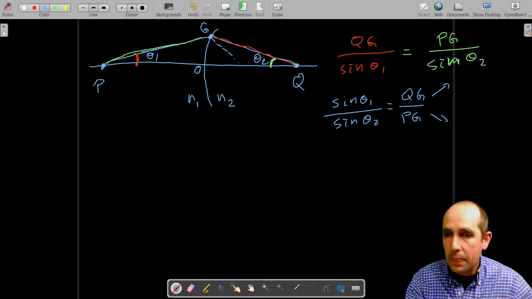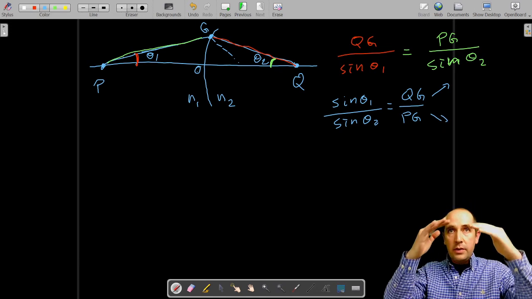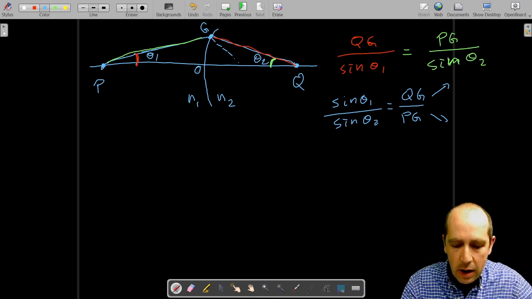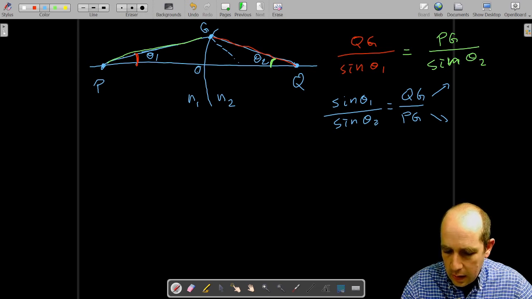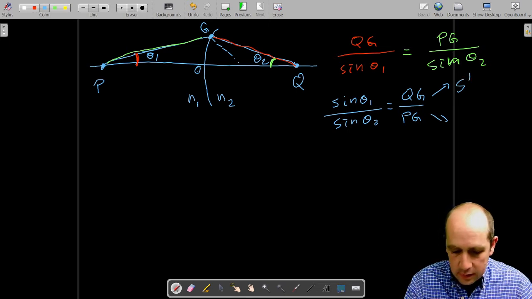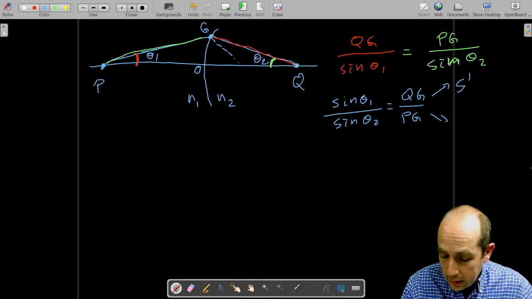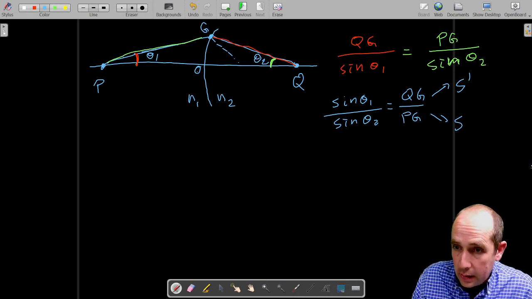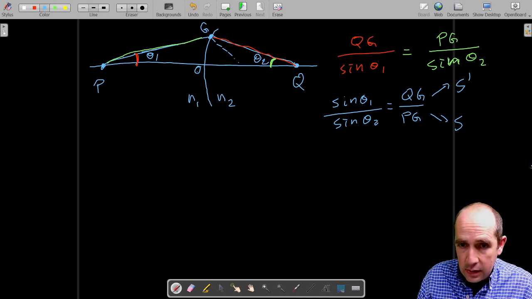Again, in the case of G being very low, so only taking the rays that are close to being parallel to the optical axis, the distance QG we can approximate as S1, the distance between Q and O, and PG will tend to be S, the distance between P and O. Again, this is in the approximation.